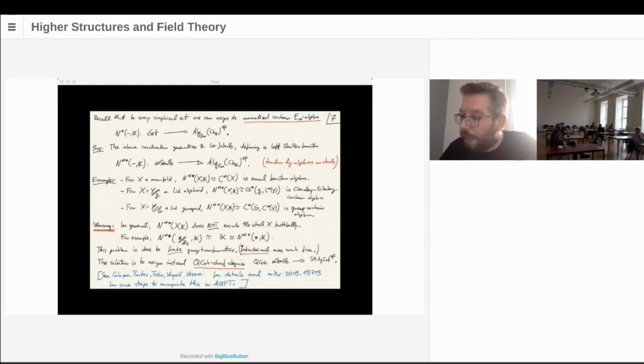And when you take a Lie groupoid, which is a simple example of a stack, here the action Lie groupoid, I take Y a manifold, G a Lie group, then this concept of function algebra gives you the group cochain algebra of the group G with values in the smooth functions on Y.